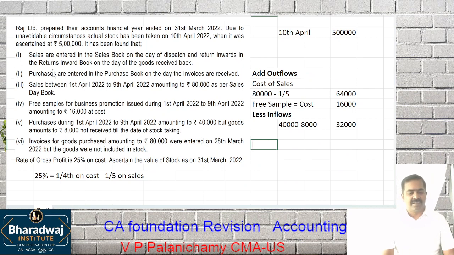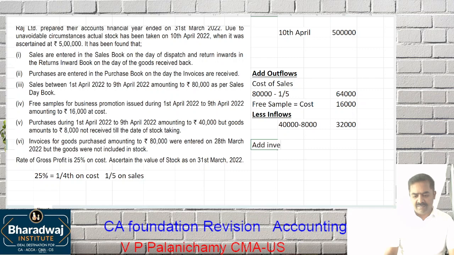Read the second point. Purchases are entered in the purchase book once the invoices are received. So we have included in purchases. We have included in purchases before 28th March itself. It's an inventory belonging to last year. This is an inventory belonging to which year? Last year, but it is not included in stock. Not included in stock.